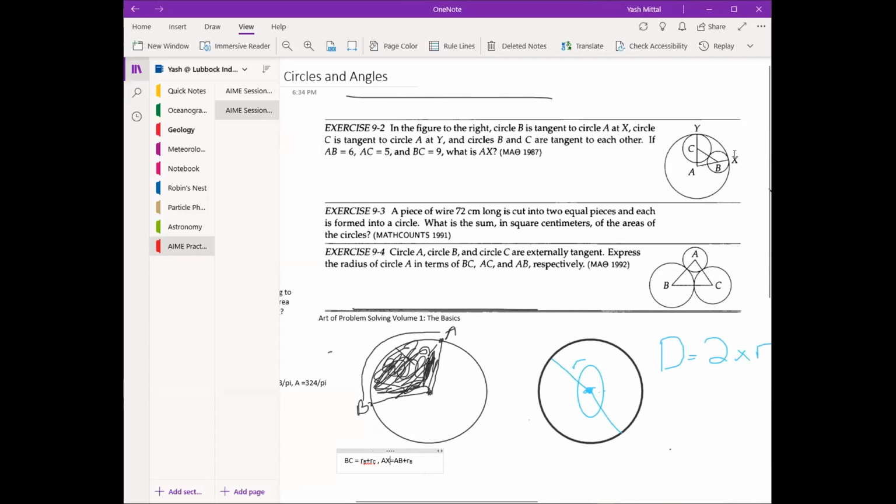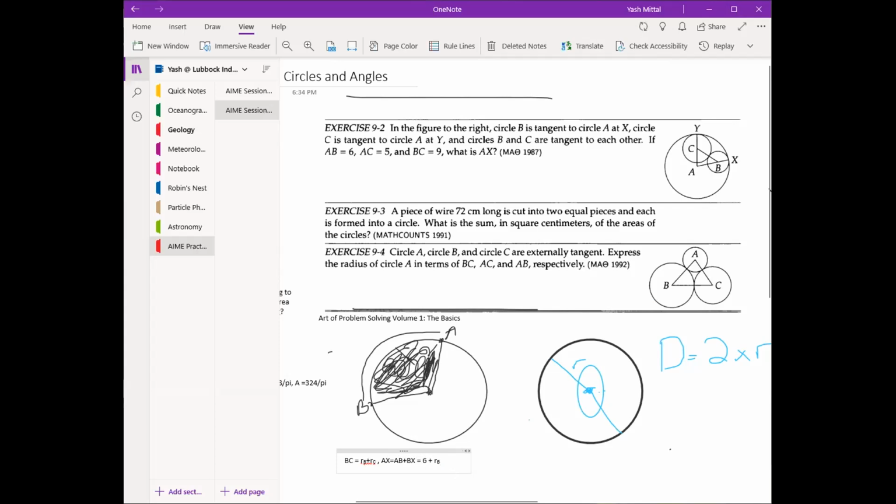Notice that BX is also a radius too. Let me make this a little bit simpler. That is equal to RB, and AB is 6. Sorry, I'm being a little bit slow right now. So we have AX is equal to 6 plus RB.